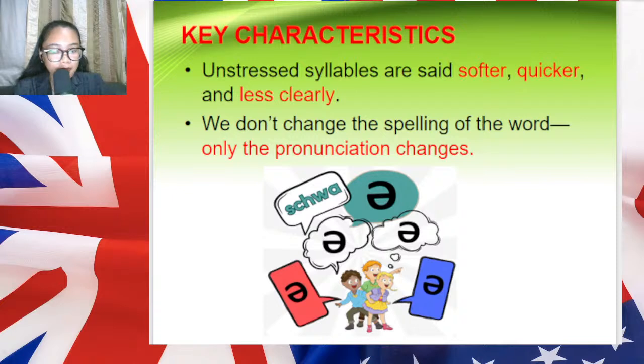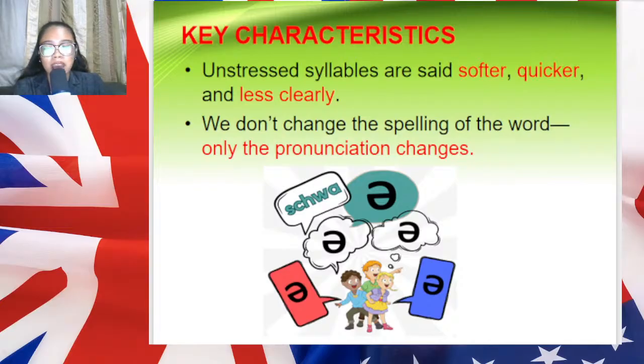Okay? It's not solely for one type of vowel. Maybe you're thinking this is only for the letter E because the IPA symbol is an upside down E. No, it's not. It fits all five vowels that we have in the English alphabet: A, E, I, O, U. Sorry, I pronounced it in my language.